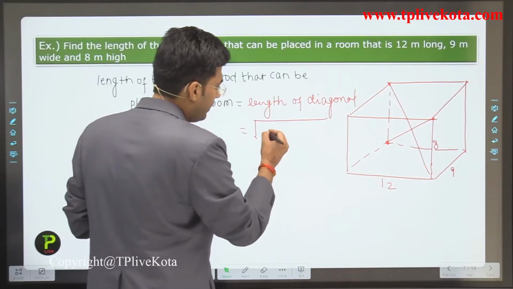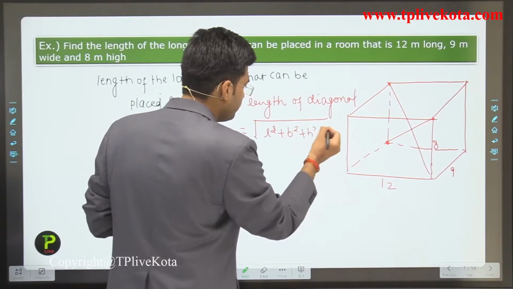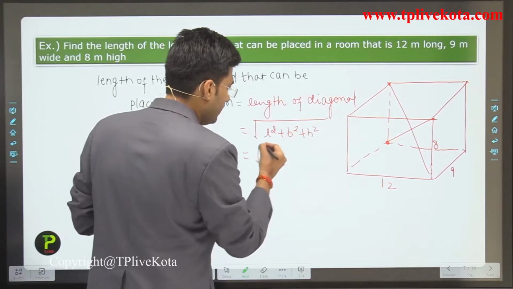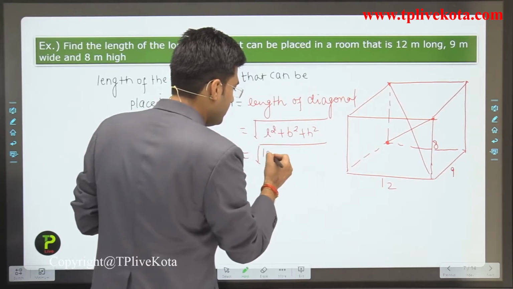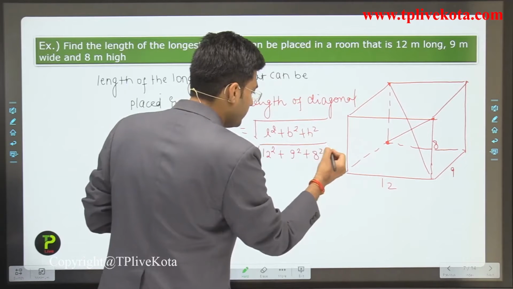So we can write it as under root L square plus B square plus H square, and here L is 12, so it is 12 square plus 9 square plus 8 square.